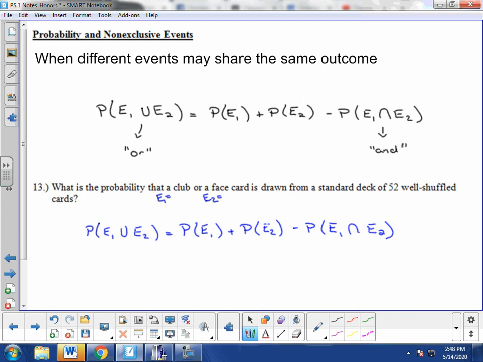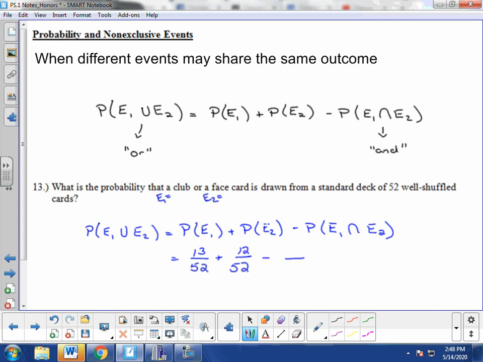So going back to our counting techniques, there are 52 cards in a deck, and 13 of those are clubs. Again, ace through 10, king, queen, jack. So the probability that we get a club, or the probability of event 1, is 13 out of 52. The probability that we get a face card, or the probability of event 2, would be how many face cards are there in the deck? Well, there's jack, king, and queen. There are 4 suits, so 12 out of 52.